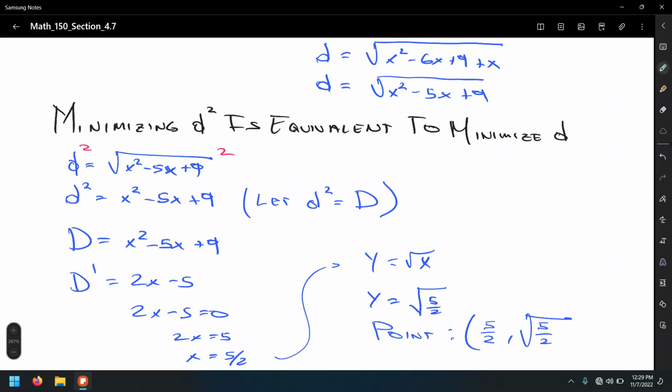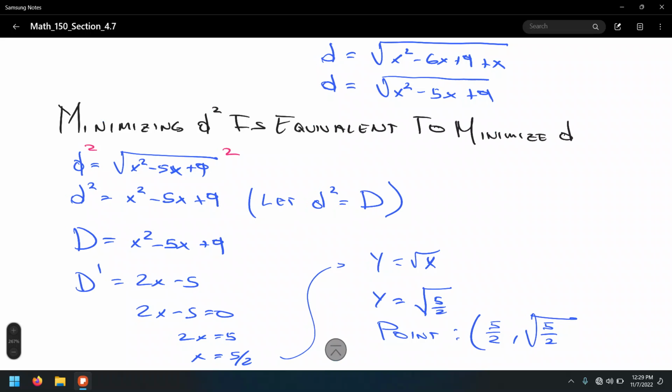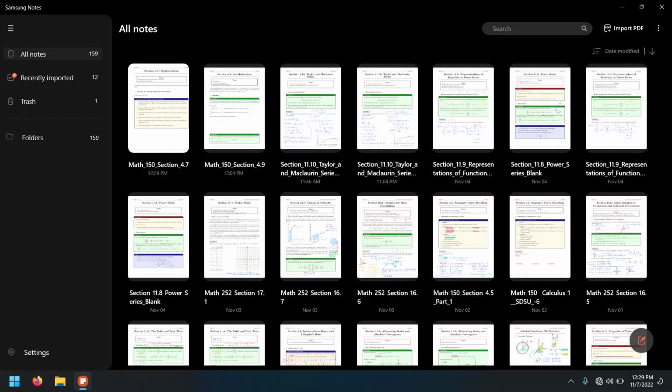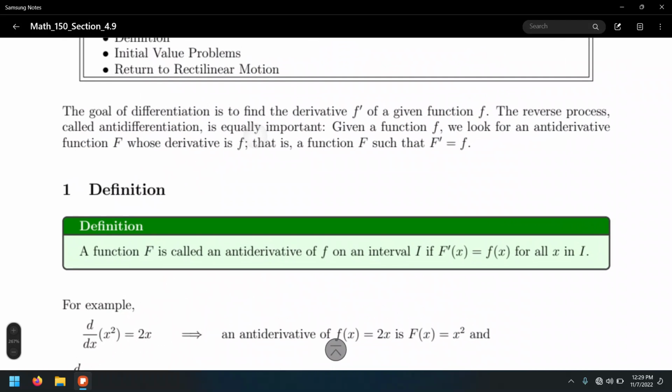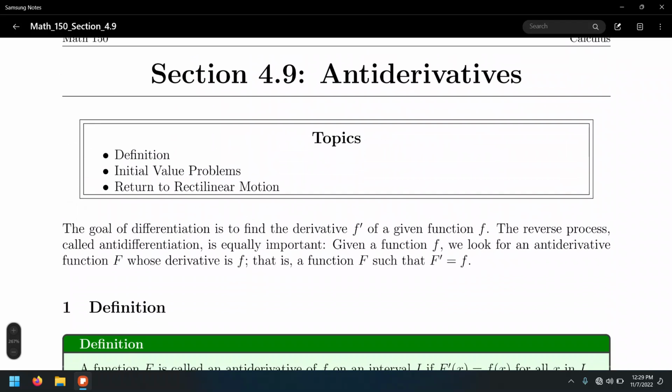Okay, this is the end for this section. So today we're going to start doing the reverse. Antiderivatives.